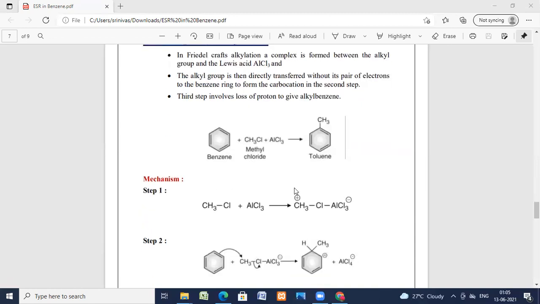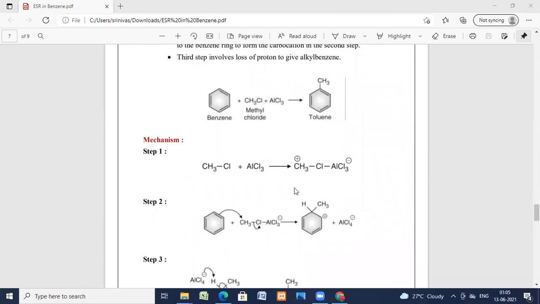Step 1, electrophile formation: CH3Cl plus AlCl3 gives CH3+ plus AlCl4-. The second step is the electrophile attacking the benzene ring.